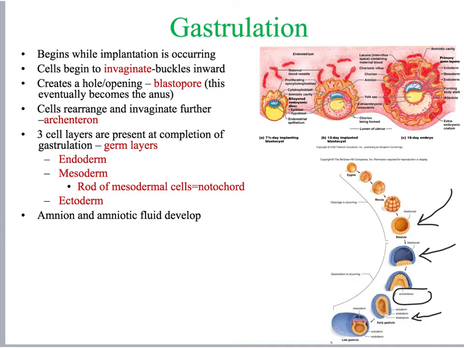All right, so one other thing that you can see before we move on, other than the endoderm, mesoderm, and ectoderm, is that if we look up here above, you can see we have this yolk sac that's forming. We have the amnion that's forming, a fluid-filled sac called amniotic fluid.